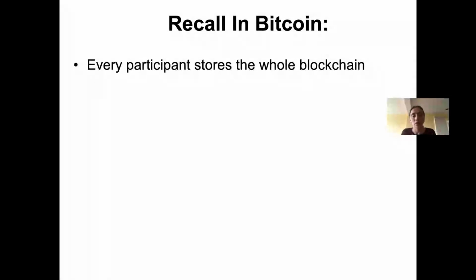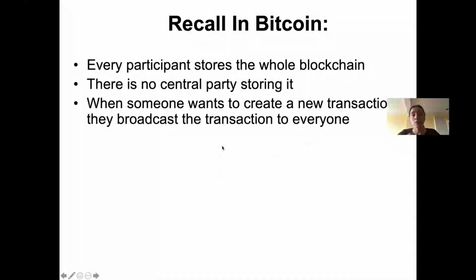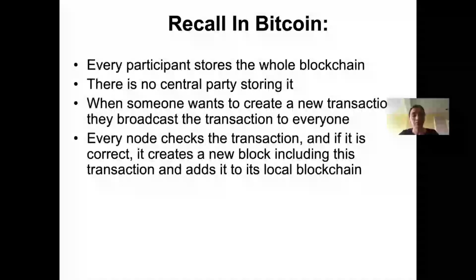In the base protocol, every participant stores the whole blockchain, which is very wasteful, and that's because there's no central party storing it. And when someone wants to create a new transaction, they broadcast it to everybody, so that everybody appends it to their local blockchain.